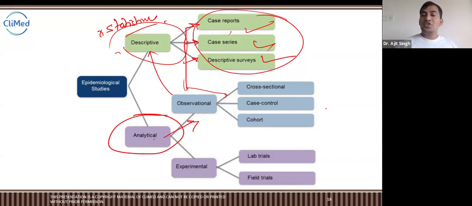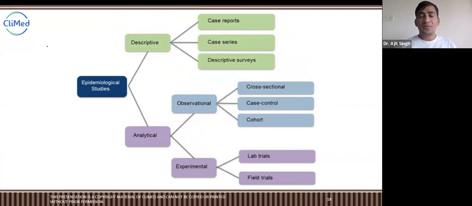So case control studies are usually backward studies. Like there are two things. I'll explain it here so you can understand. Last time also I told you there are two terms you have to understand majorly. One is exposure, one is outcome, right?